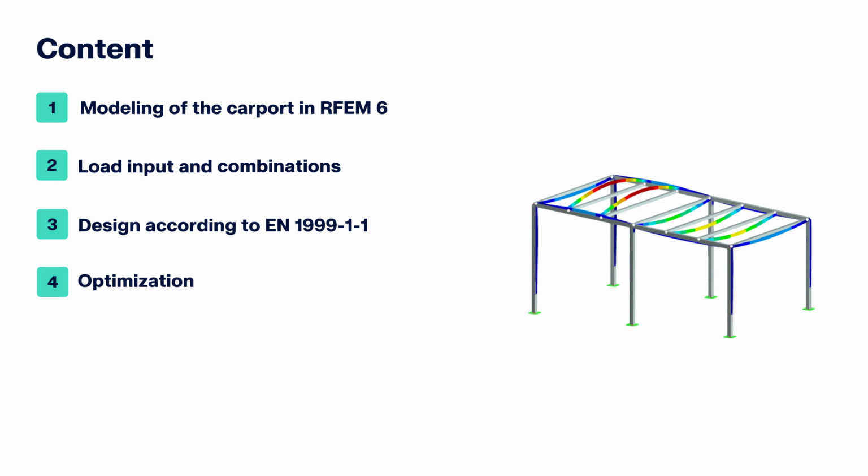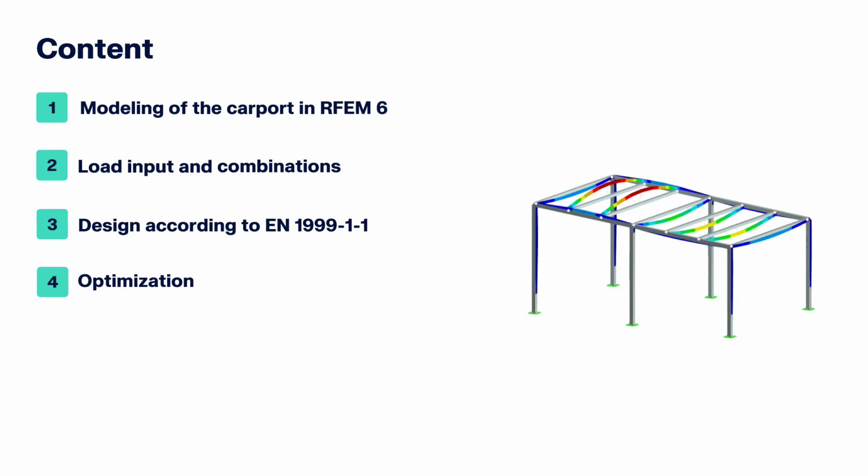Thank you for the introductory words. I would also like to extend a warm welcome to today's webinar. This webinar focuses on the modeling and design of an aluminum carport. First, I will model the structure, then I will define the actions with particular emphasis on wind loads for a canopy roof.